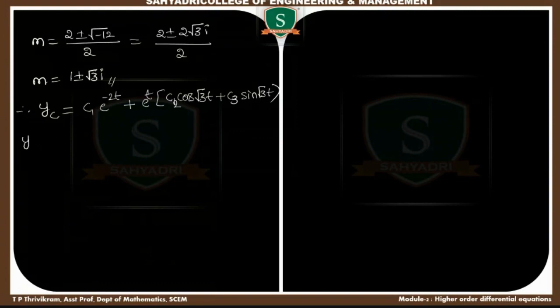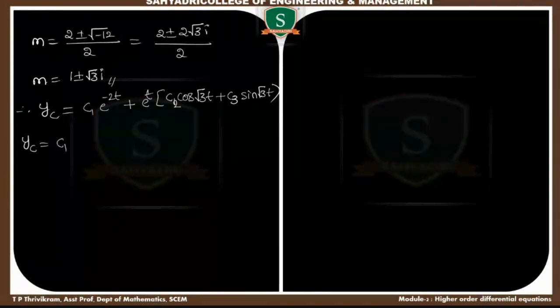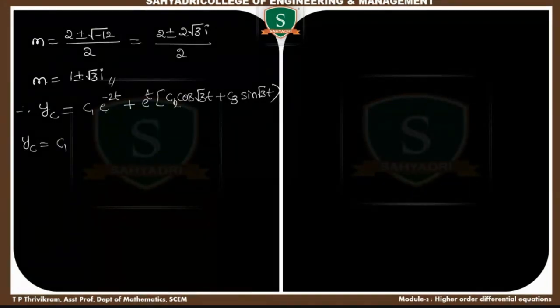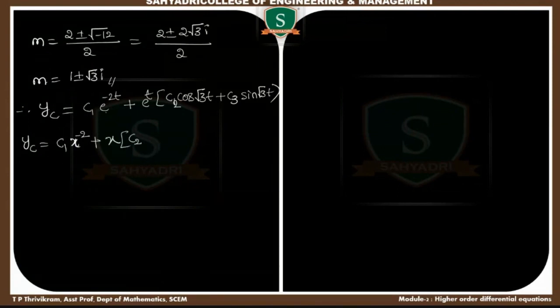So therefore, yc, you can replace with x. So C1 e power t whole power minus 2, so that means x power minus 2 you can write, plus e power t can be written as x into C2 cos root 3 t can be written as log x plus C3 sin root 3 log x. Okay, so this is yc.